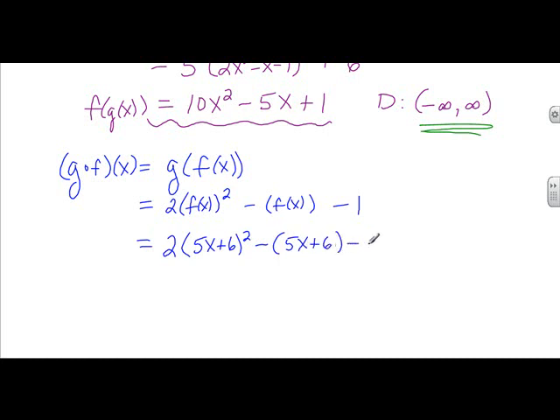And then you simplify. And these numbers are going to get a little big, but that's okay.